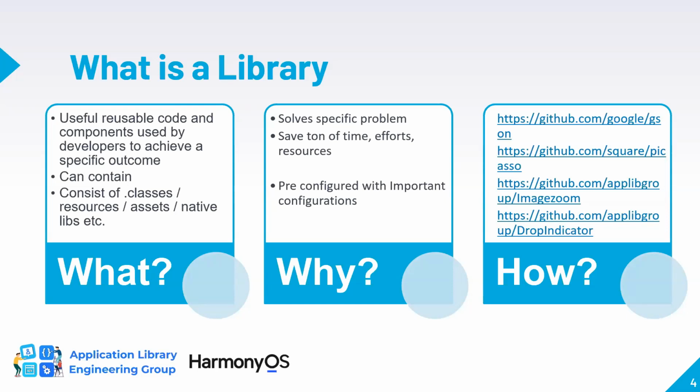And assets, maybe a TXT file or resource file which you want to keep in assets and use. And native libraries. You may have seen some game libraries or face detecting libraries where lots of code is written in C. There we keep .so files, and these are called native libraries. So this is all about what.